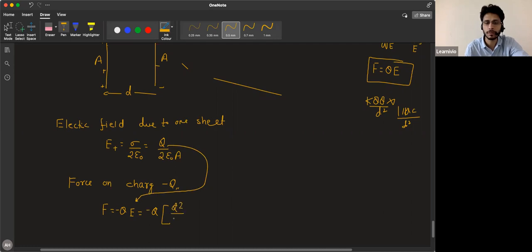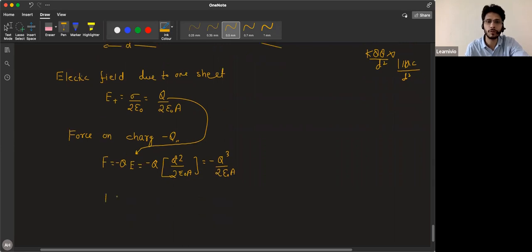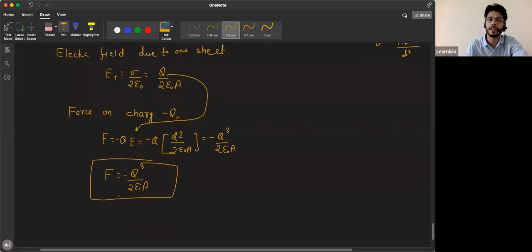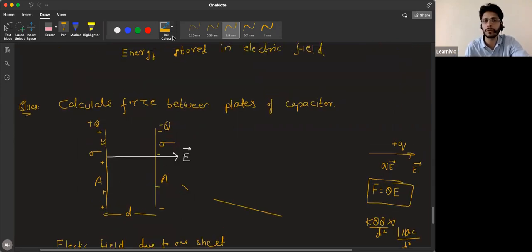It's Q square by 2 epsilon naught A, so you can write this as minus of Q cube by 2 epsilon naught A. That is the force between the two plates. This negative sign tells the direction of force is opposite to that of field. Force acts in this direction here, and also in this direction there, so both the plates will attract each other.